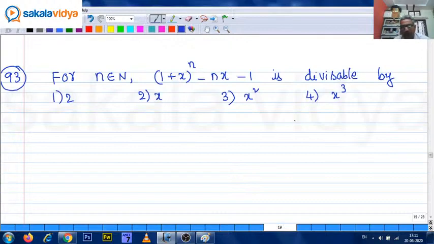So let the 1 plus x whole to the power of n be expanded and the nx and minus 1 get cancelled. Take out something common. Whatever is common, that will be a divisor of the expression.